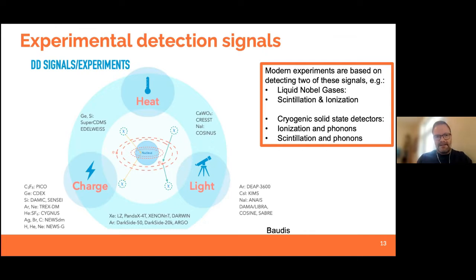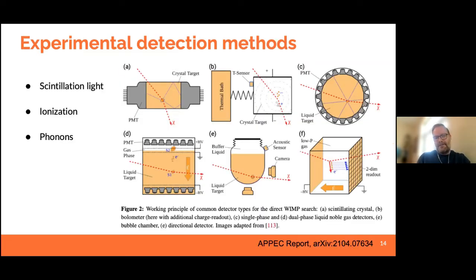Then there are lots of other experiments that are just making use of one of these three possible signals. But the advantage of combining two of them is background suppression. It gives you much better control over other processes happening in your detector that do not stem from dark matter interactions, and that you can suppress that way.